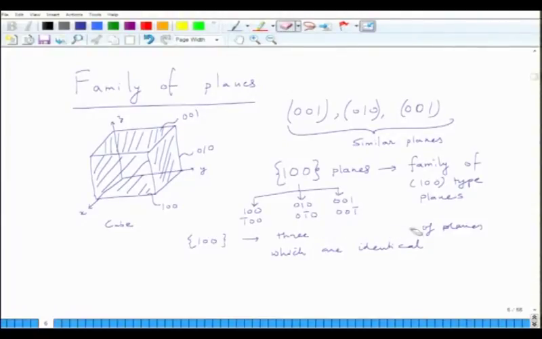I can just say 3 planes which are identical. Okay.